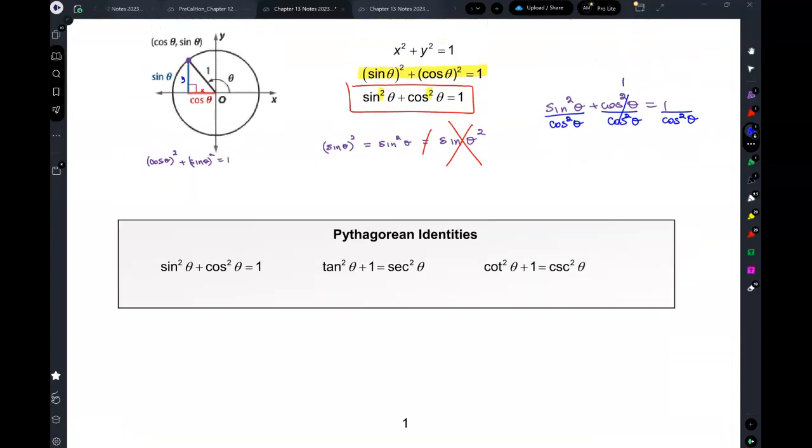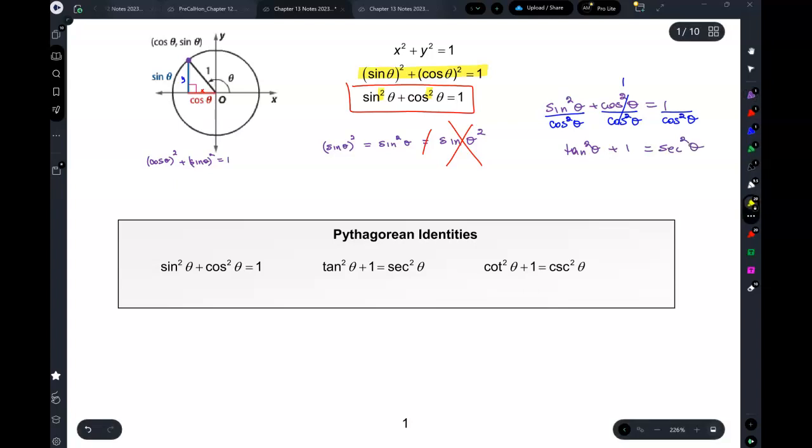So this will just be tangent squared theta plus 1 is equal to, and what's 1 over cosine? Secant. So 1 over cosine squared will be secant squared theta. And just like that, look, that's the second Pythagorean identity.